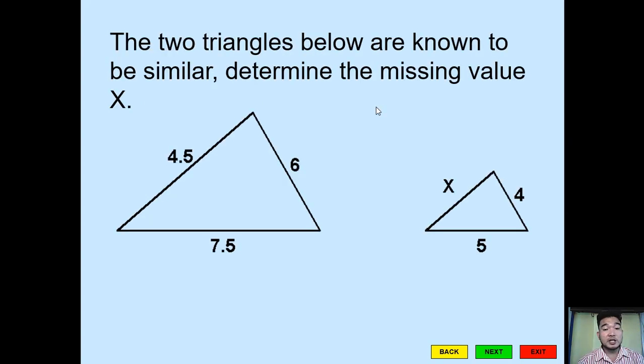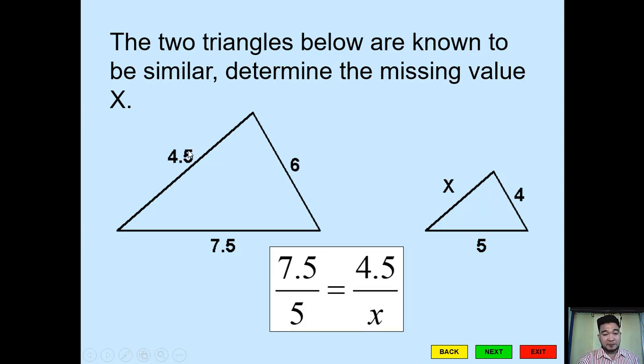If we are given that two triangles are similar or proportional, what can we determine about the triangles? The two triangles below are known to be similar. So given that these two triangles are similar already, determine the missing value. So how can we solve for x? Take note that x corresponds to this side with measurement of 4.5.